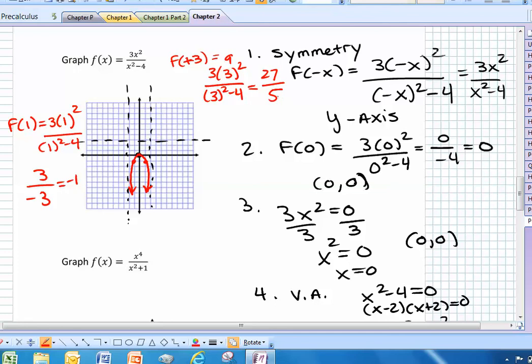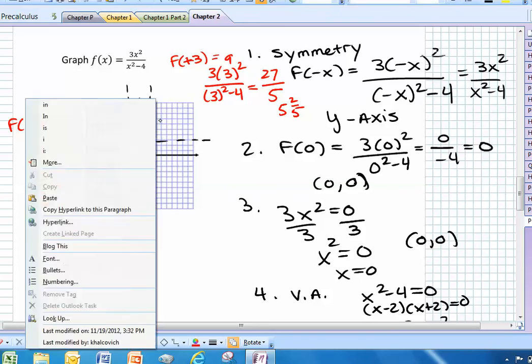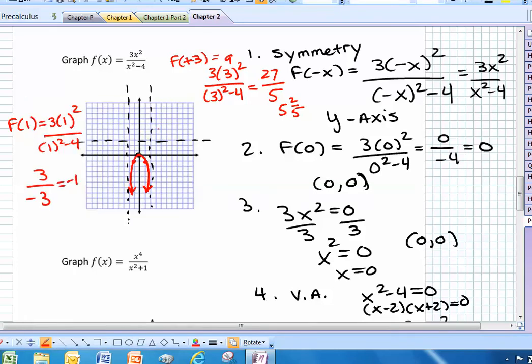So 27/5 is the same as 5 2/5, which is about right there. Now, since it's symmetric to the y-axis, at negative 3, it's also going to be 27/5, which is right there.